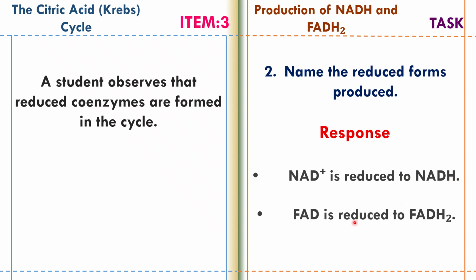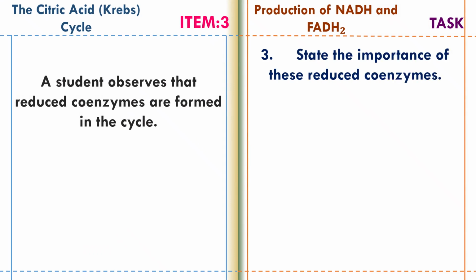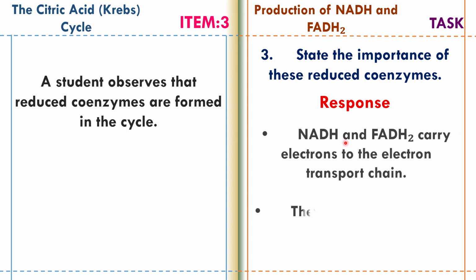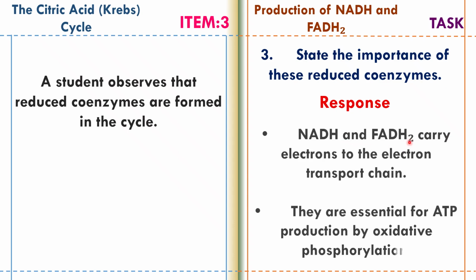FAD is reduced to FADH₂. State the importance of these reduced coenzymes. NADH and FADH₂ carry electrons to the electron transport chain. They are essential for ATP production by oxidative phosphorylation.